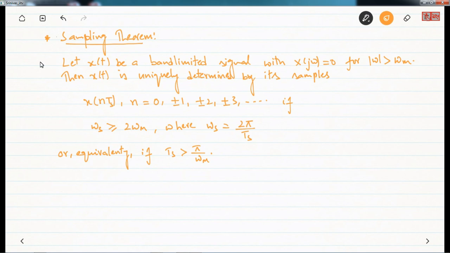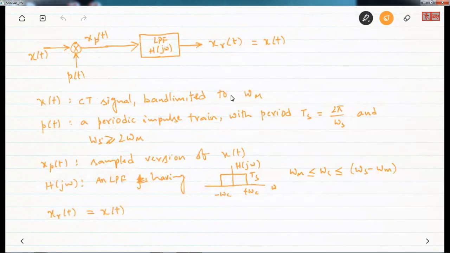Now, whatever I am writing here is whatever we discussed on the previous page with this diagram and everything. So see, whatever we discussed here, I'm just writing these things in words.